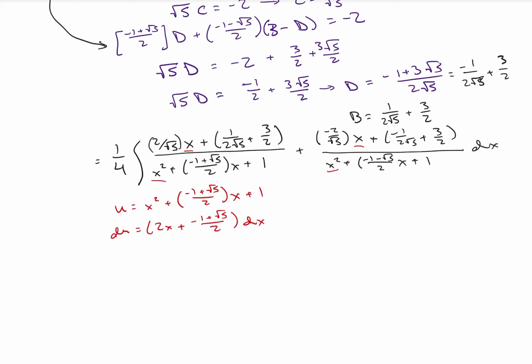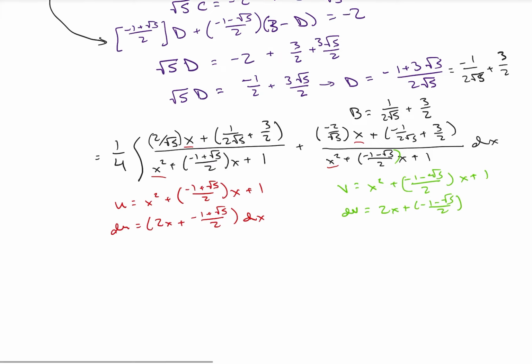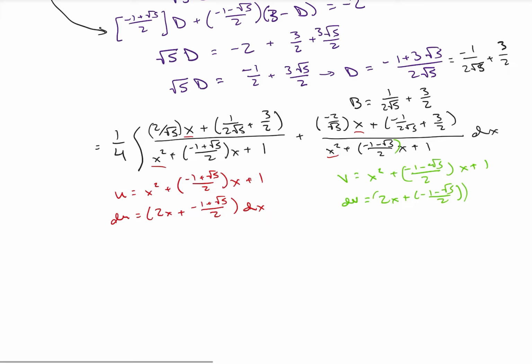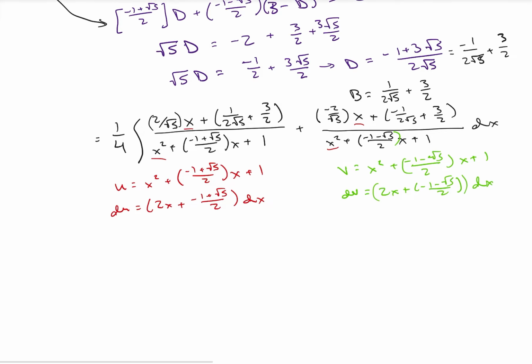On the right side, it's almost the same, so we'll name it v. v would be x squared plus (-1 minus root 5)/2 times x plus 1. So dv would then be 2x plus (-1 minus root 5)/2 dx. Okay, so we'd like to have these numerators up there.